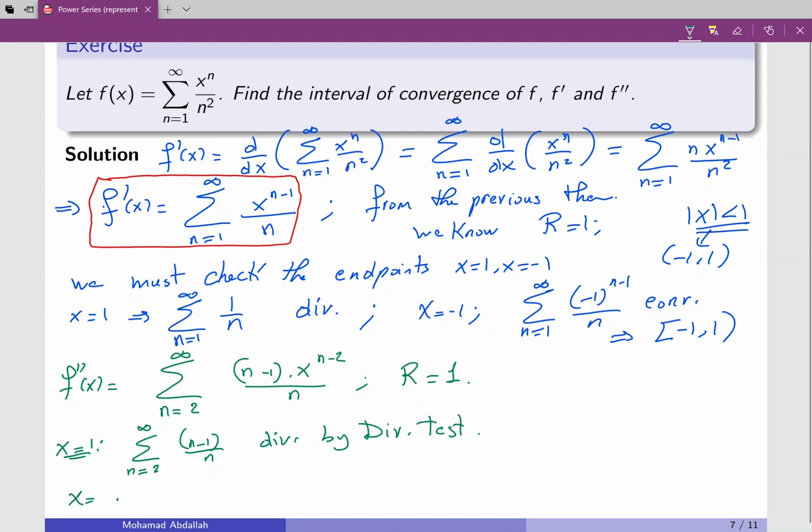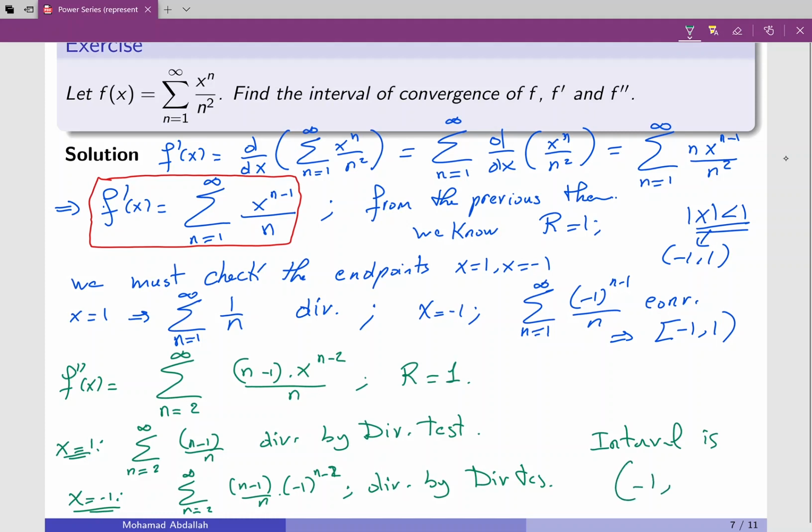Similarly, when x equals -1, I get the sum from n equals 2 to infinity of (n minus 1) over n times (-1) to the power n minus 2. This also diverges by the divergence test. So as a result, the interval of convergence is (-1, 1).